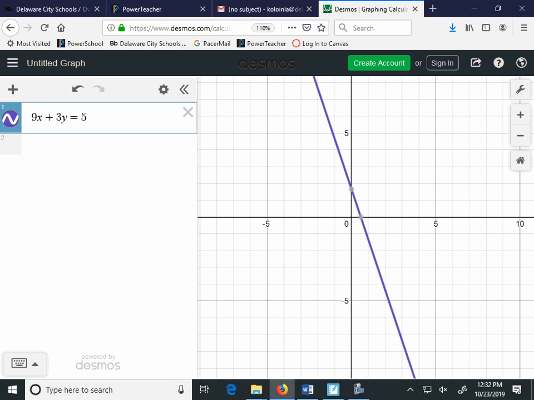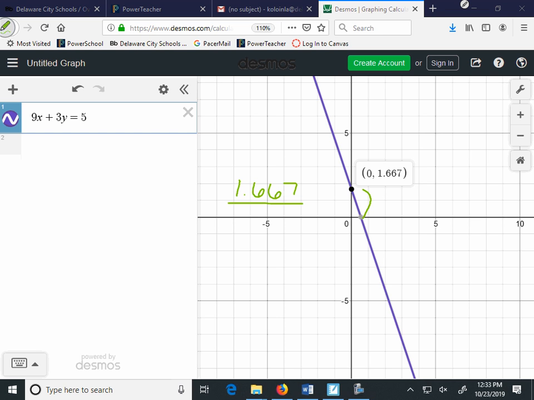Okay? So if you click on your x-intercept and your y-intercept, I'm going from 0 up to my y-intercept, which is 1.667. Well, that's my rise. Right? I went from 0 to 1.667. That means I went up 1.667.